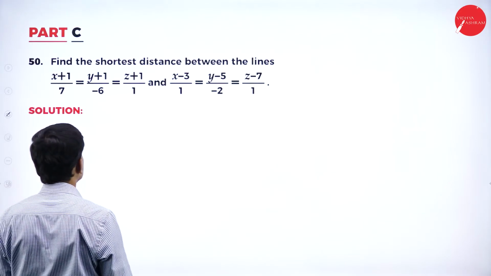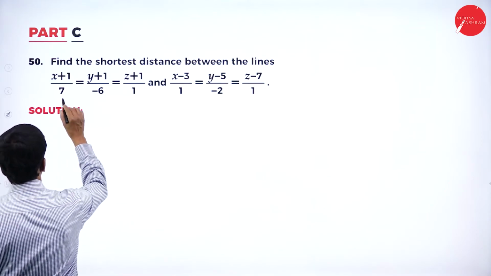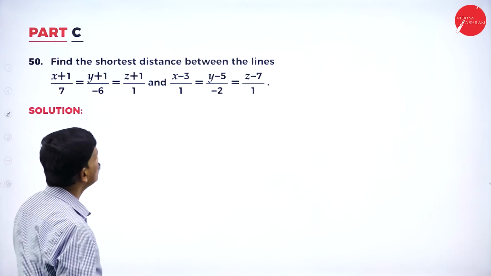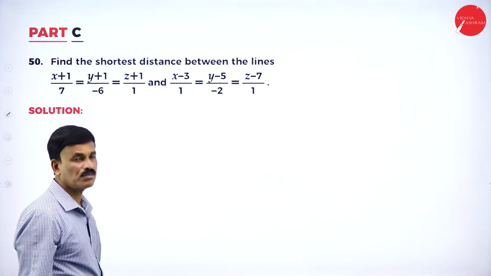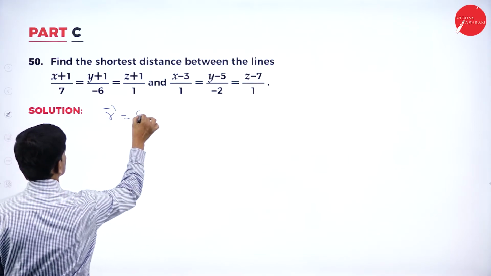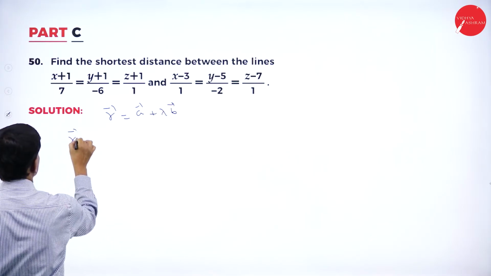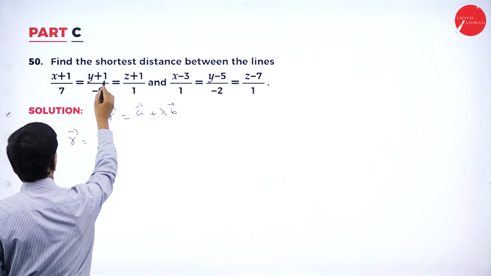Now let us convert this into the vector form first. Now what is given here? x plus 1 by 7 is equal to y plus 1 by minus 6 is equal to z plus 1, and x minus 3 by 1, y minus 5 by minus 2, z minus 7 by 1. Now let us convert. We know the vector equation is r is equal to a plus lambda into b. Now convert into the vector equation. So we can write this as, these are x1, y1, z1.